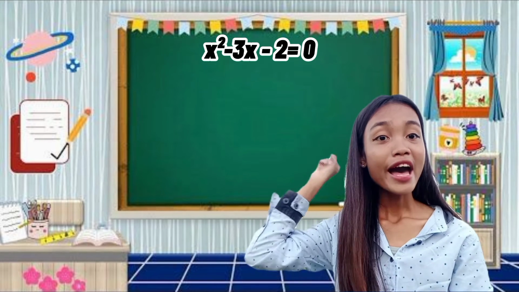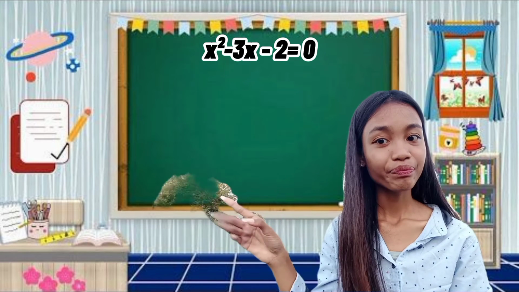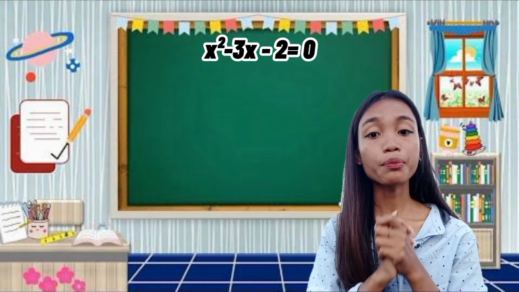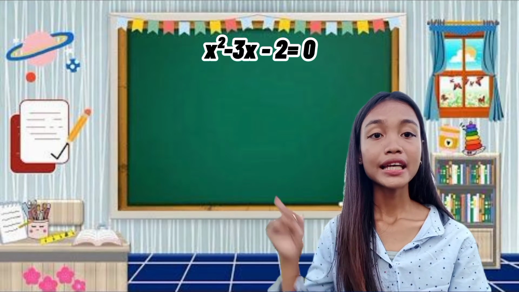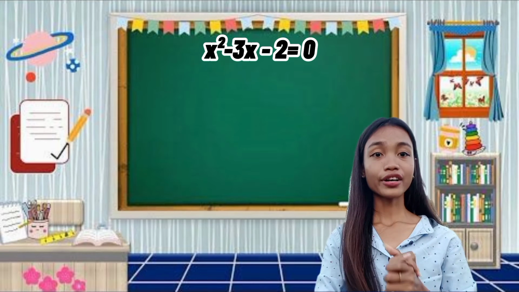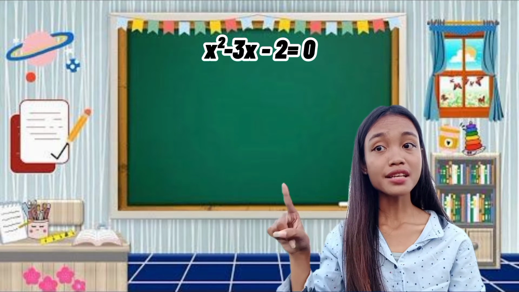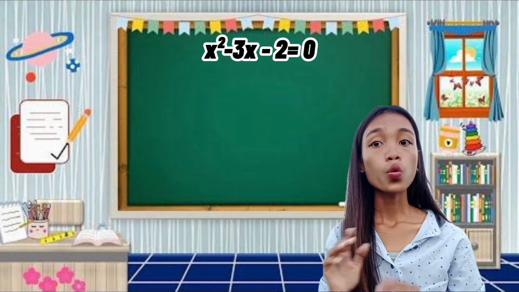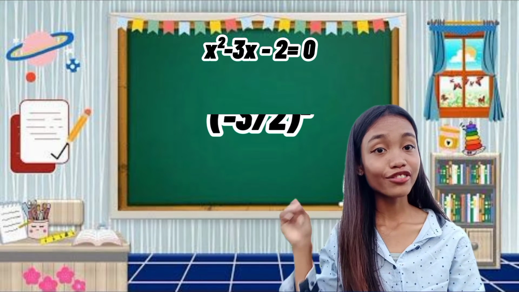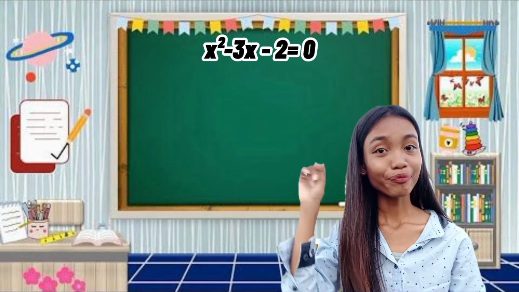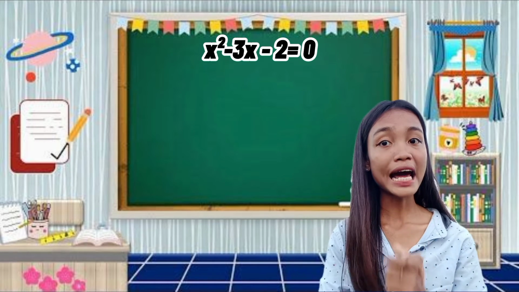So we now have x minus 3 halves squared, because when the bracket is squared, this will give the term negative 3x. However, removing the brackets from x minus 3 halves squared, we see there is also a term negative 3 halves squared, which we do not want. And so we subtract this again.